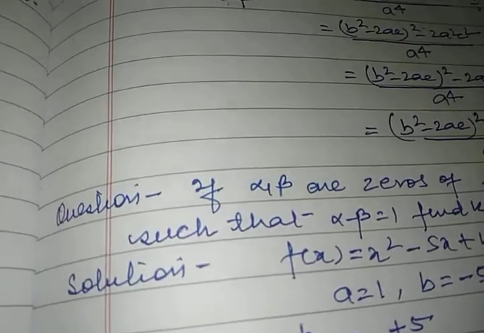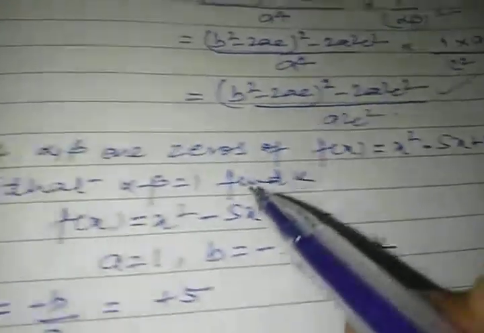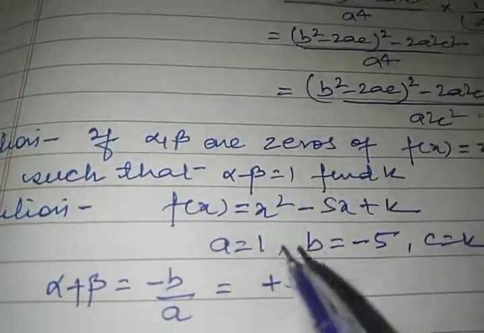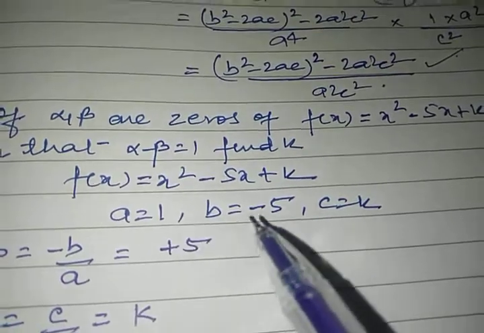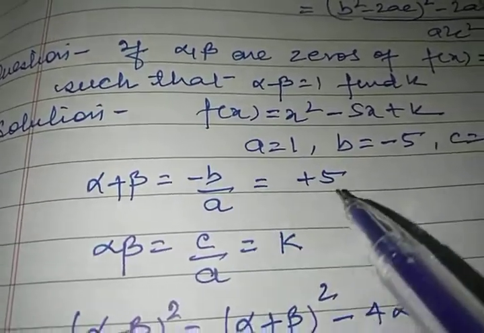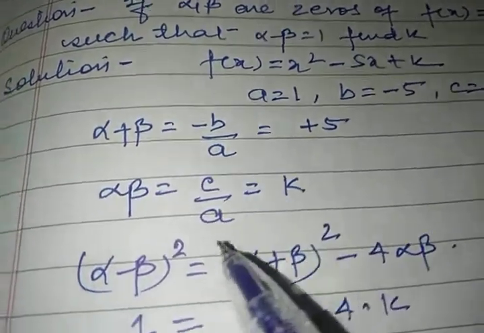Now, if alpha and beta are zeros of f(x) equal to this, such that alpha minus beta is equal to 1, find k. This is another type of question. So see, f(x) is equal to this. Comparing, a is 1, b is minus 5, c is k. Alpha plus beta is equal to plus 5, alpha beta is equal to c upon a, that is equal to k.